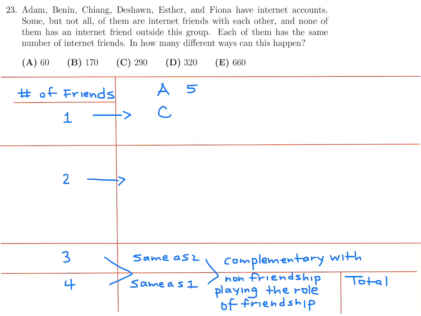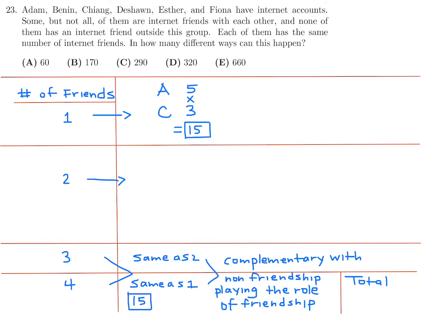If Adam chose Benin, 2 are gone, so Chiang can only choose between the remaining 3. So there's 3 choices. So the number of combinations is 5 times 3, which is 15. So that is how many different combinations for 1 friend, and that would also be the same for 4 friends, because those are the same.